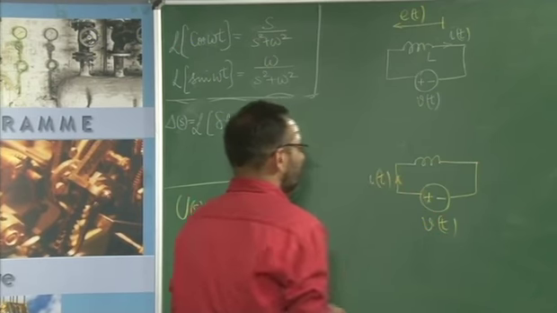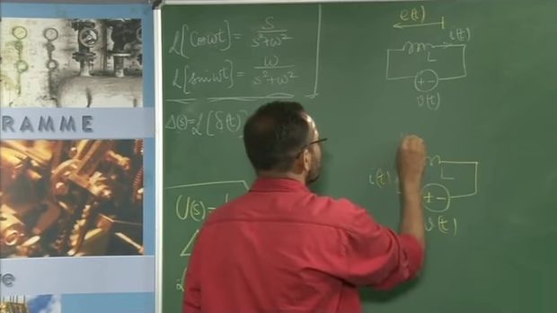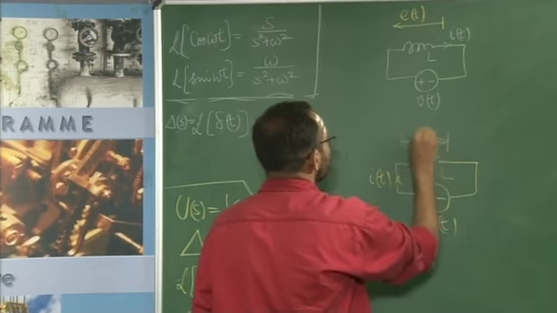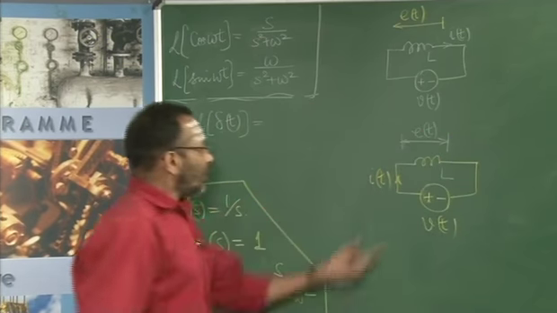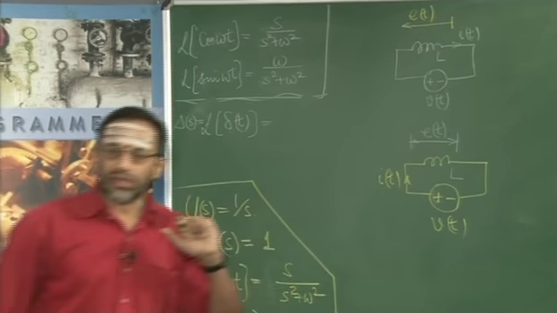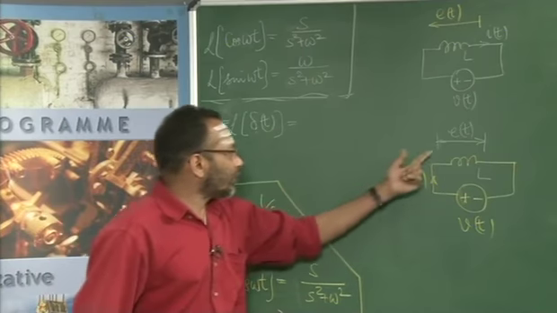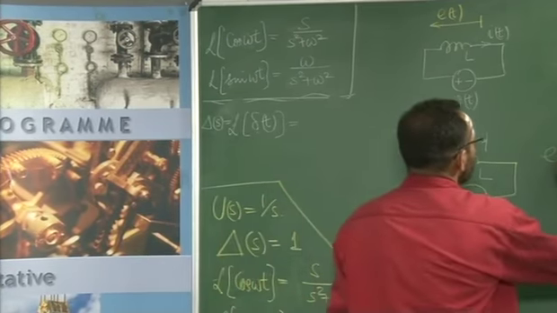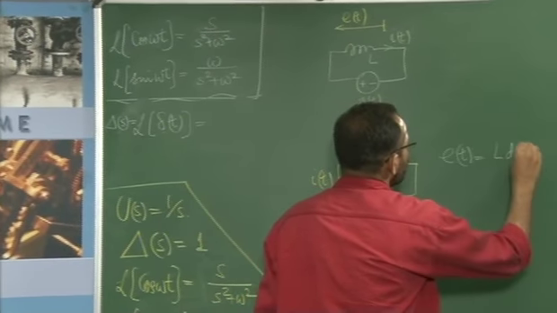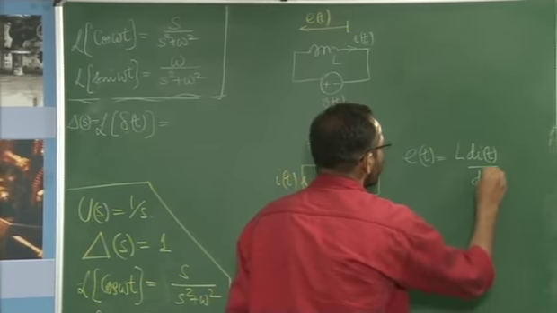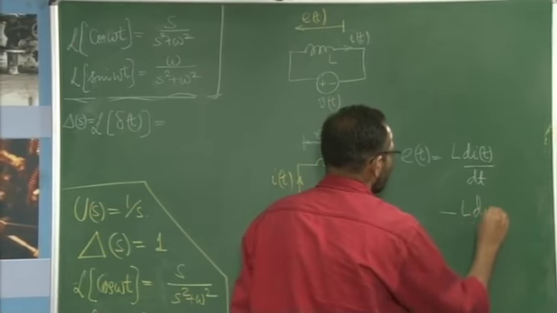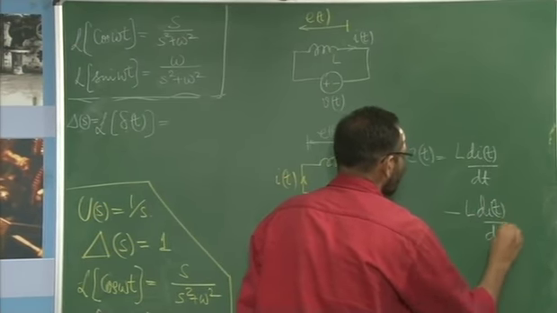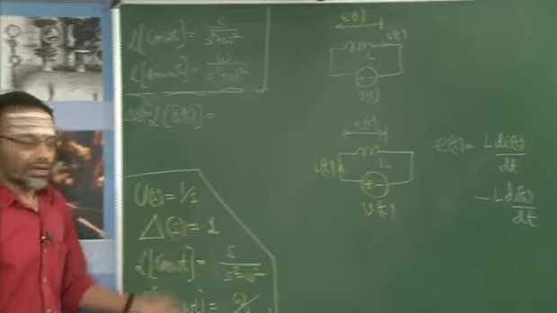If you mark the current like this, now this is L, there are students who will mark this as E of t. Now, if you mark this E of t with arrows on both sides, I do not know which is positive, which is negative. Therefore, I cannot even write whether E of t equal to L di by dt or minus L di by dt. I cannot do this. I will tell you why.